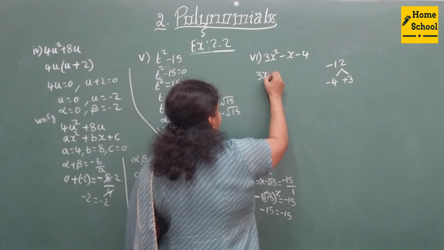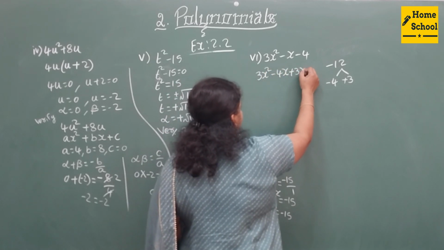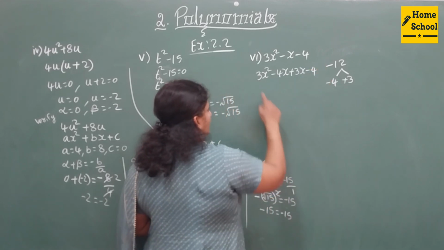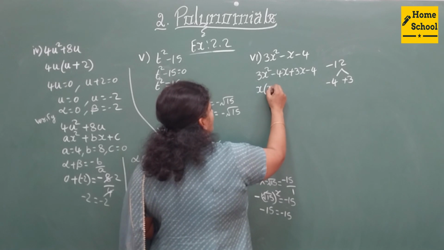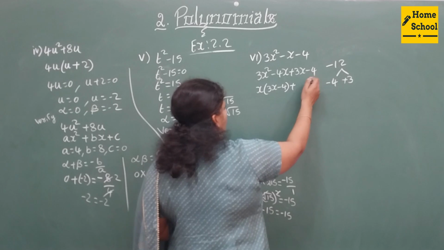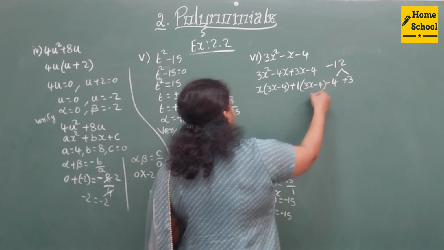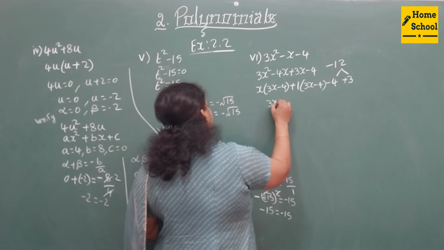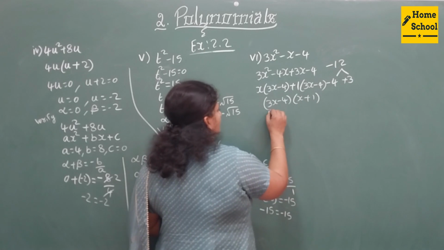Write that 3x square minus 4x plus 3x minus 4. Among these two, is there anything common? Yes, x. x into 3x minus 4. Here there is nothing common, that means 1 into 3x minus 4. So 3x minus 4 into x plus 1.